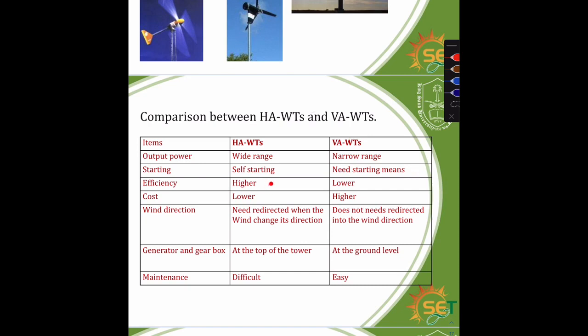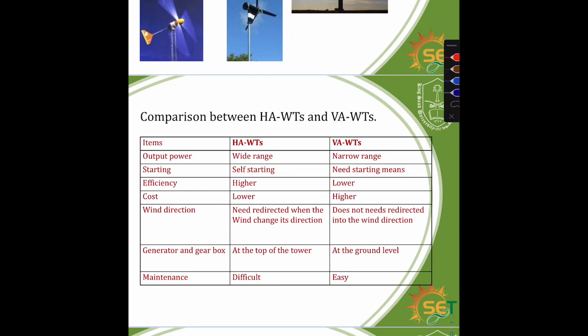Of course, efficiency: the horizontal is higher than the vertical wind turbine. The horizontal price is lower. Vertical axis turbines are higher.